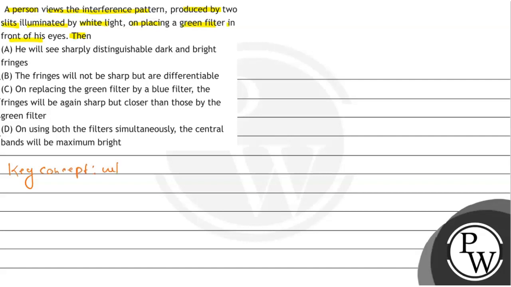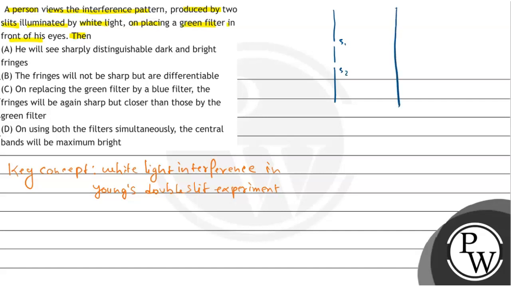वो है white light interference in Young's double slit experiment. राइट तो यंग्स डबल स्लिट एक्सपेरिमेंट में क्या दिखा जाता है कि लेट्स से ये हमारा slit 1, this is slit 1 and this is slit 2 and this is our screen, right?